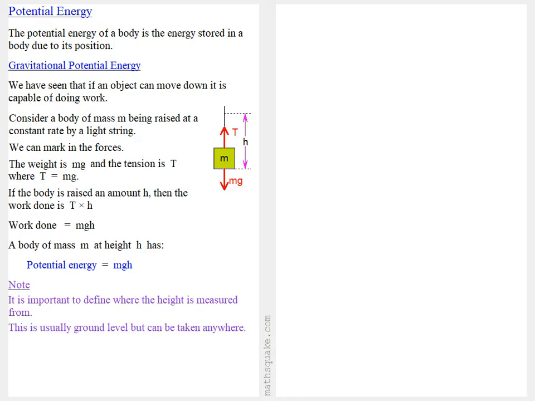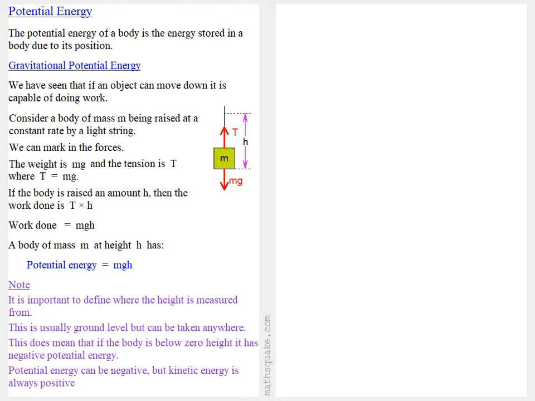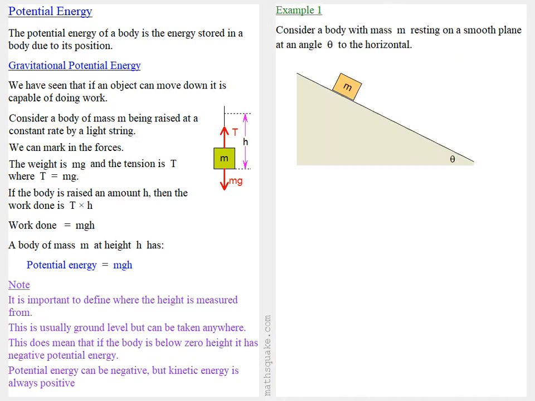This is usually ground level, but it can be taken anywhere. This does mean that if the body is below 0 height, it has negative potential energy. So, potential energy can be negative, although kinetic energy is always positive.